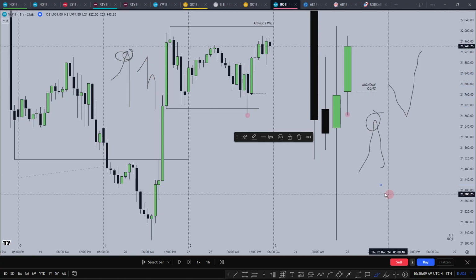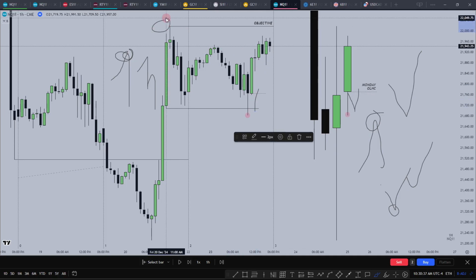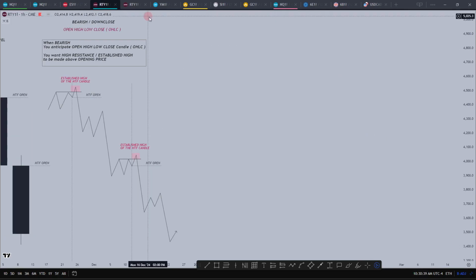When you can trust the low of the OLHC bullish candle, you wanna frame entries away from it. But how can you trust it? Only once it has hit a proper relevant key level and has shown displacement away from it as well. And then you wanna frame away from it towards the objective. That's what the definition said.